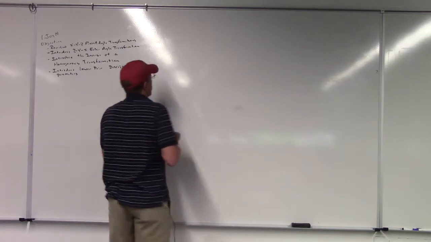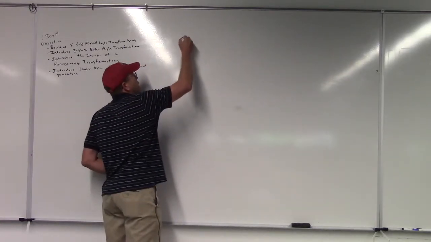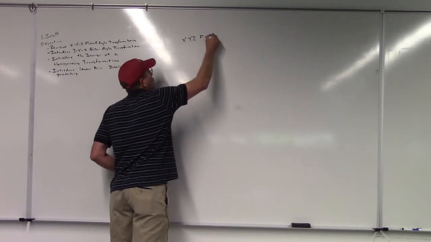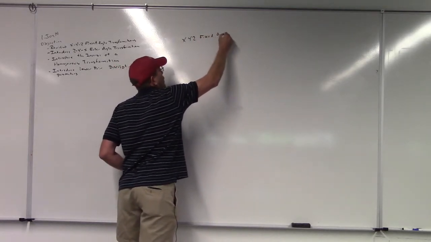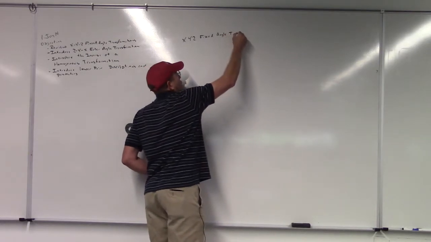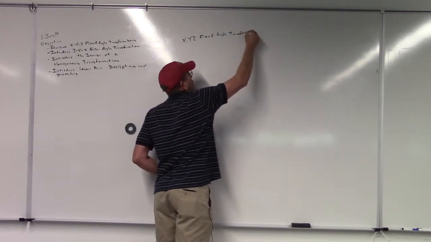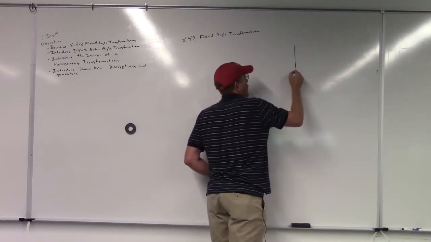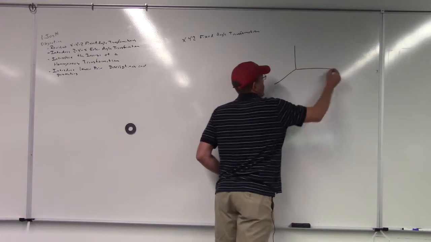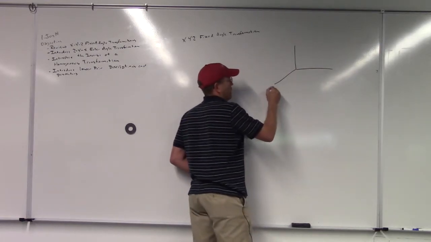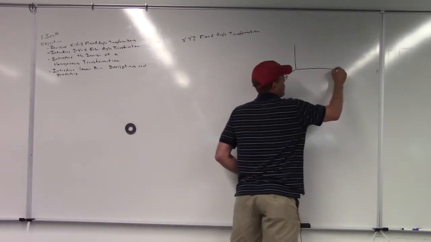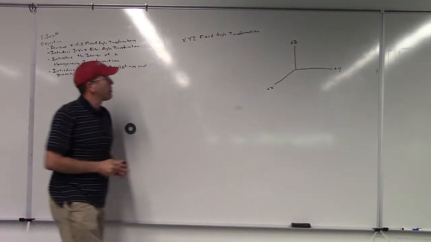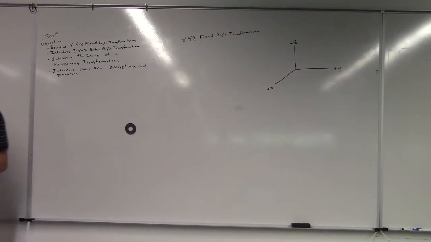What we did with an XYZ fixed angle transformation is we started off with a base frame, and I'll draw my X, Y, and Z like this. This is my positive X, positive Y, and positive Z. What was the first thing we did when describing that X, Y, and Z?